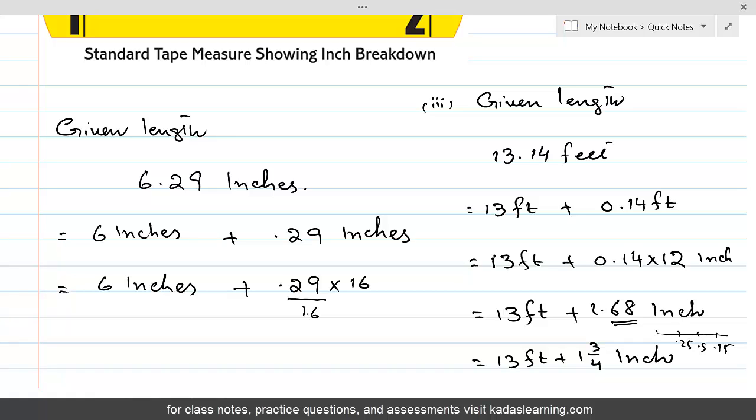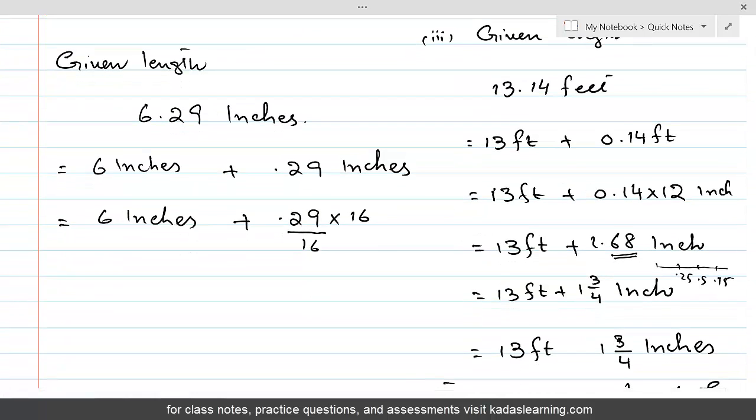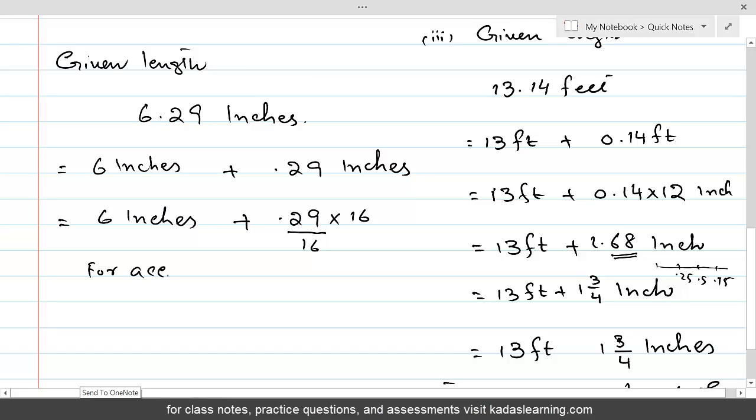If we would like the accuracy closer to 1/4 of an inch, then we multiply by 4 and divide by 4. So we did that for an accuracy level of 1/16 of an inch.